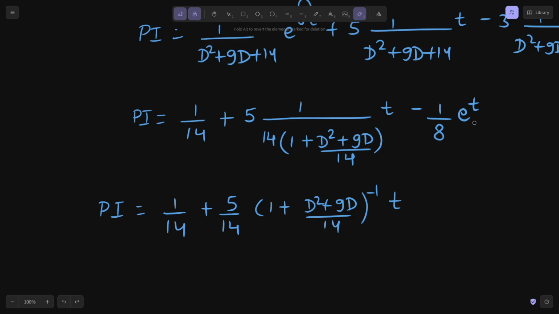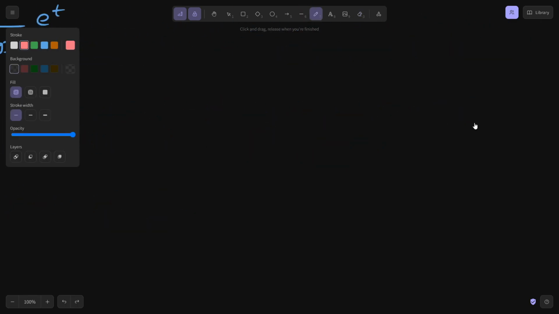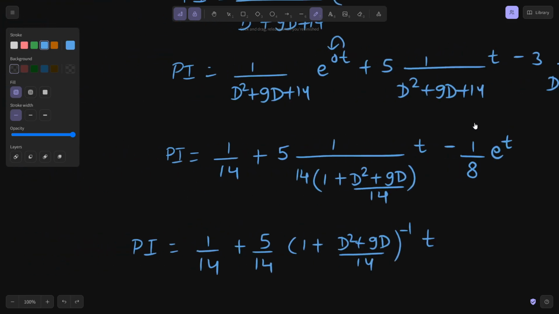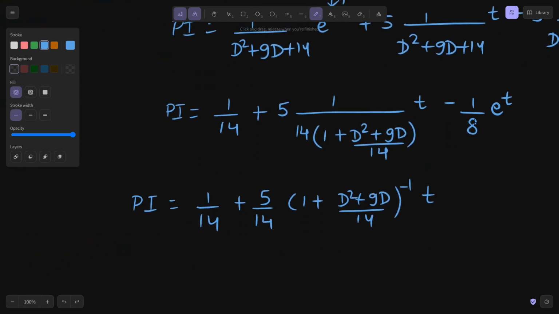And what is the expansion for that? 1 plus x power minus 1 is 1 minus x plus x square minus x cube, alternate plus minus, plus x power 4 and so on. The important thing to take care of is we don't need to expand it completely, because first derivative of t is 1, second derivative onwards it is 0.